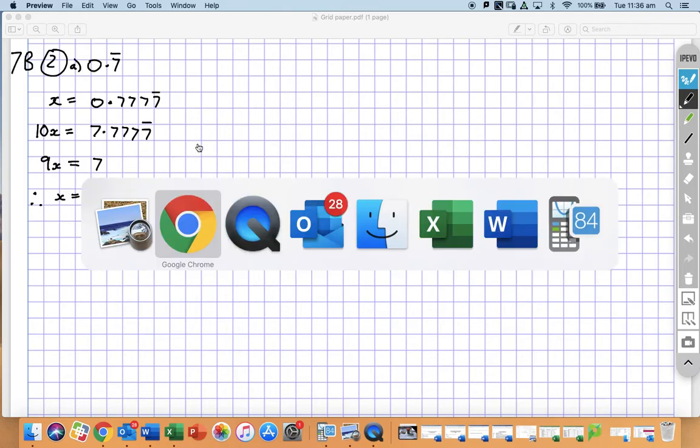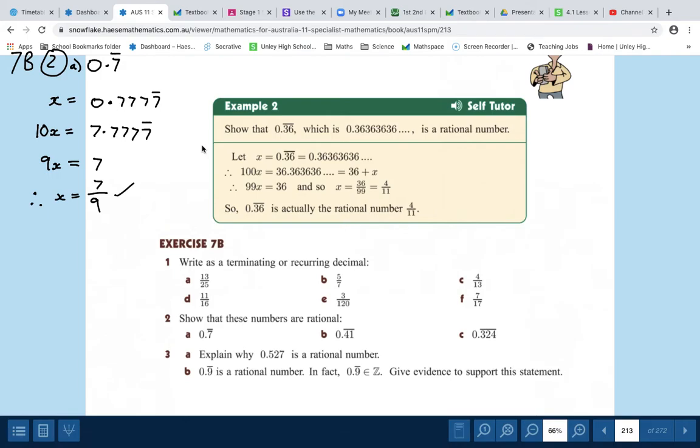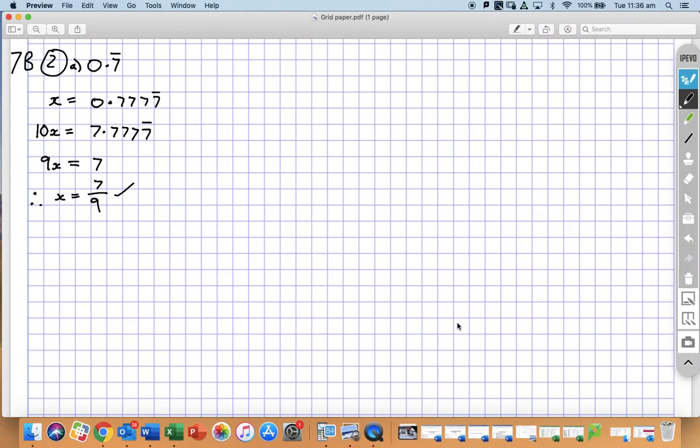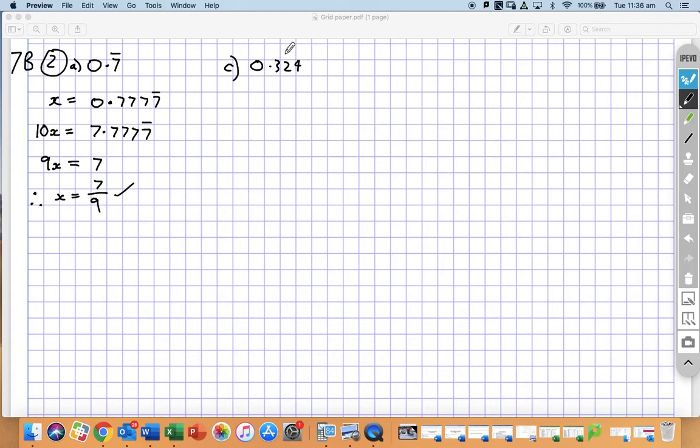Let's look at the next. We'll do C, 0.324. Okay. So C, 0.324, it's all recurring, which means there's another 324, 324, 324.